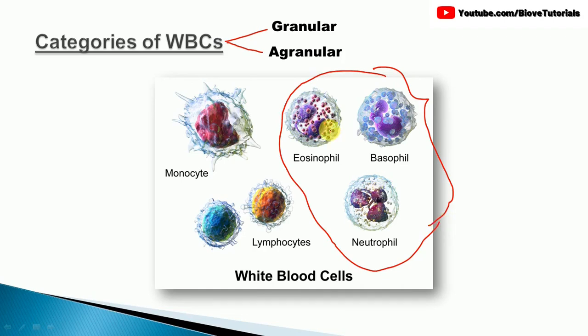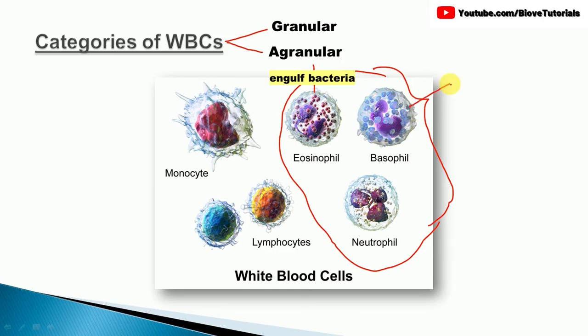First, let's see some characteristics. In case of eosinophil, you will see that the nucleus is two-lobed. The function of eosinophil is to engulf bacteria. Now in case of basophil also, the nucleus is divided into lobes. It is not separated, but they are in the form of lobes.